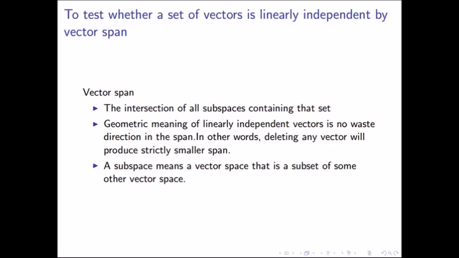The geometric meaning of linearly independent vectors is no wasted direction in the span. Every vector gives a new dimension, so deleting any vector will produce a smaller span. For additional information, a subspace means a vector space that is a subset of some other vector space.